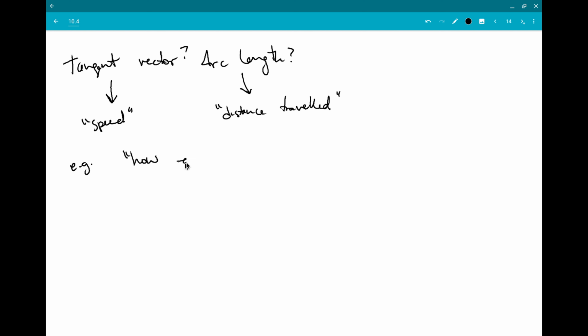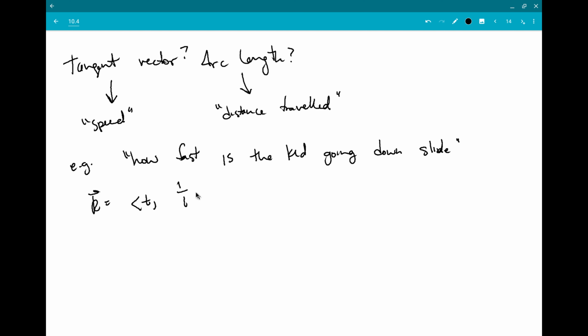So you could ask yourself, how fast is the kid or ball? And we'll do kid going down the slide. And then since you know your position vector is t, 1 over t, we can write that as t to the minus 1 for easy derivatives.